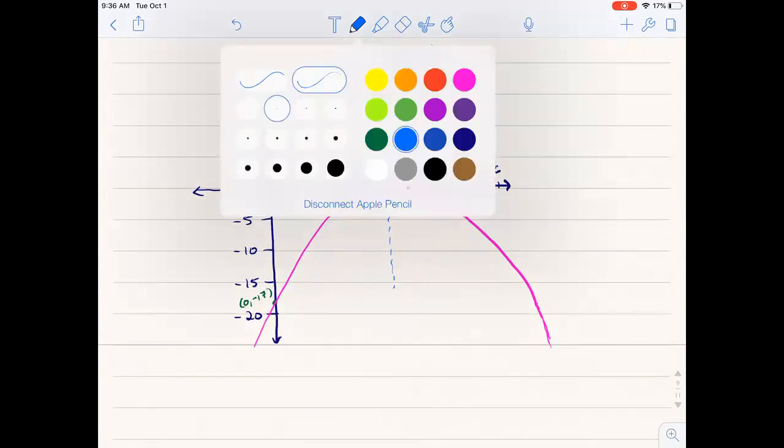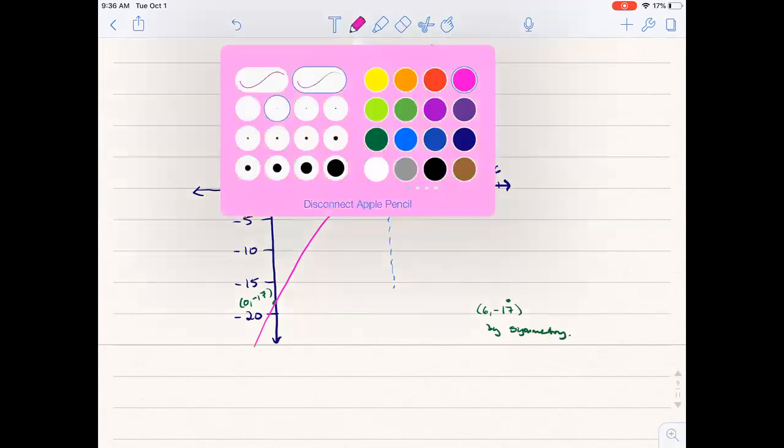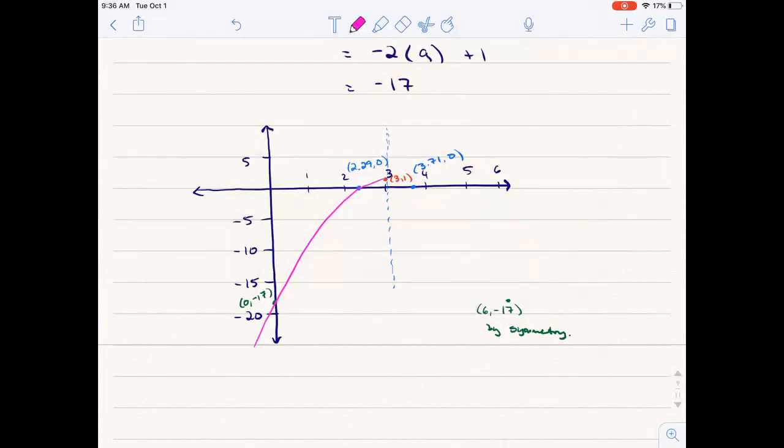I'll draw the point and then I'll redraw that outer one. Roughly here at 6, -17 by symmetry. So now I'm aiming for, oh boy, okay.